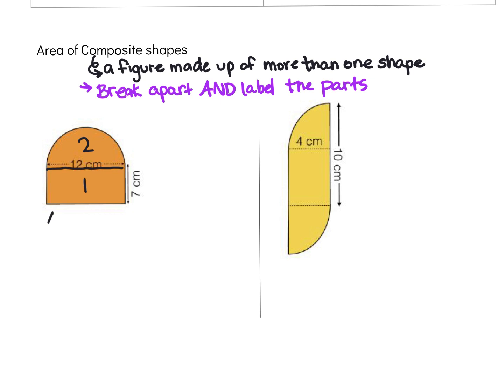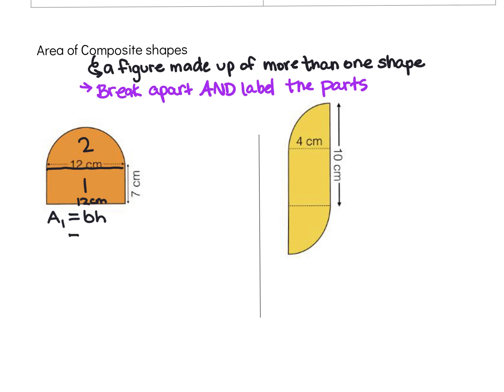So let's start with the area of 1. We're going to write area, and then a little sub 1 next to that so we know which shape we're talking about. It's labeled 1 here, and the 1 corresponds with our formula. So area of this is going to be base times height because it's a parallelogram. We know the base is going to be 12 centimeters because it's the same as this up here.